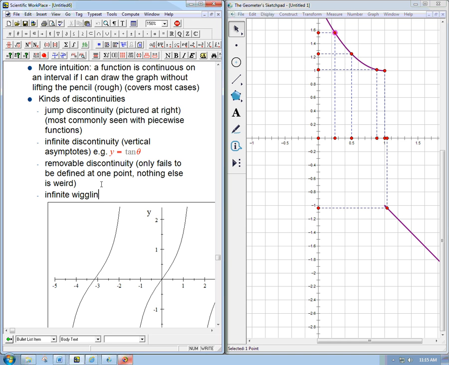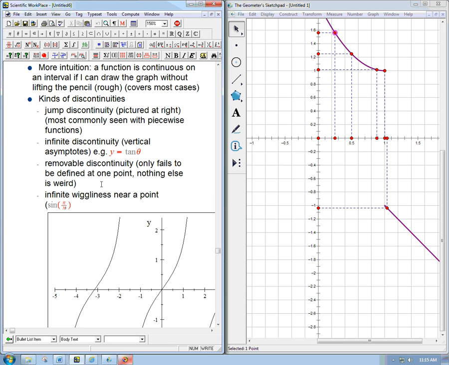There was one book problem, sine of 1 over x, or the example in the book is sine of pi over x to make it a nicer graph. That's really weird, and you usually think about it in a more advanced analysis class. But it can happen.